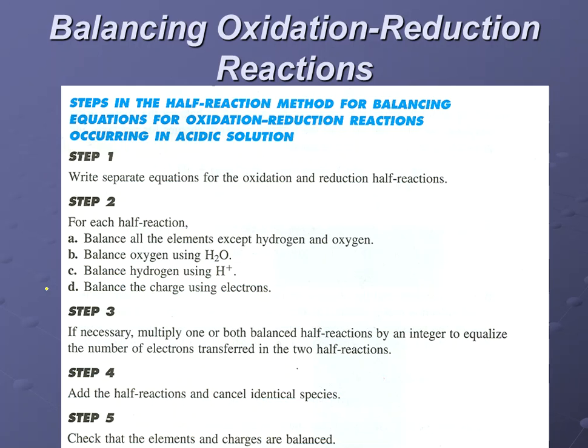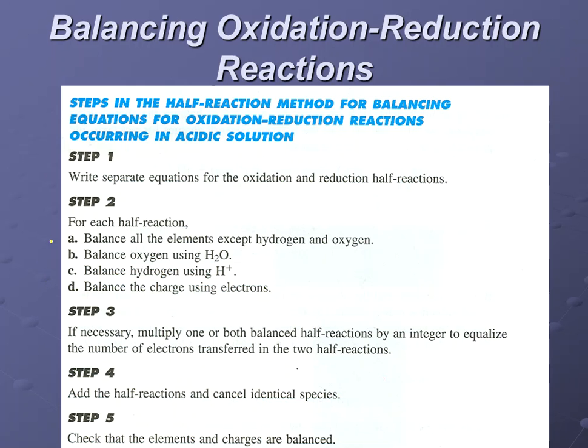Let's say we have a positive 2 on one side and a negative 1 on another side. We want those to both be the same, and we do that by adding electrons. You'll write a little e with a negative as a superscript, and that little e will represent 1 electron. What that electron will do is bring down the charge on whatever side has the higher number or the more positive charge.